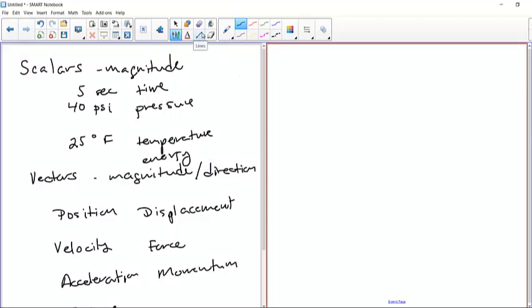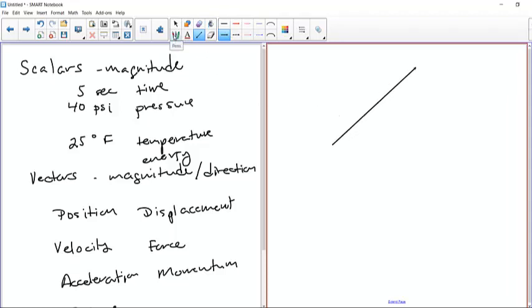So typically we can deal with vectors in a visual, picture sense, and we can deal with them in more of an analytical sense. So we're going to talk about both of those.